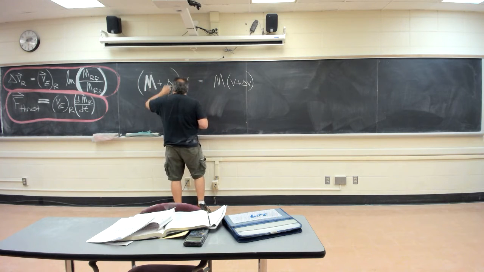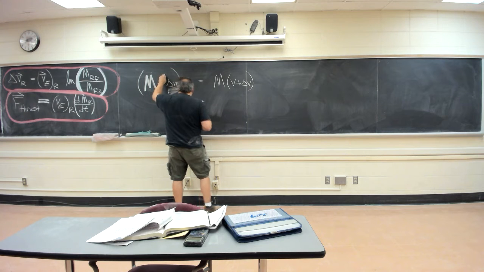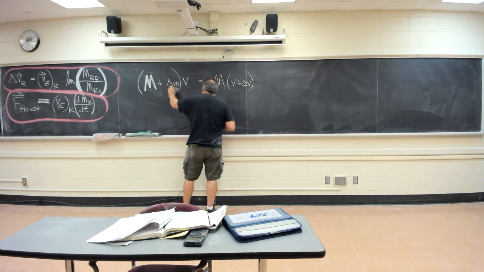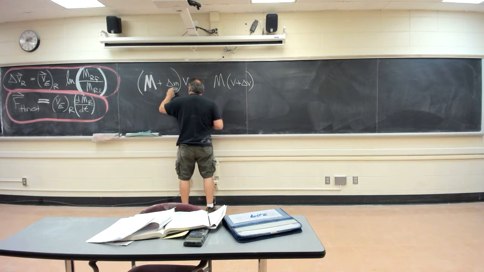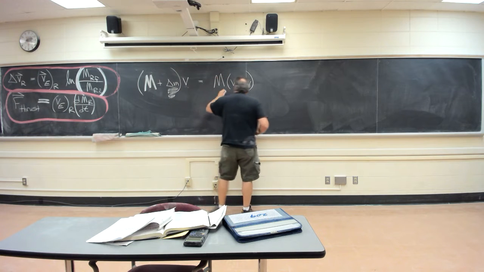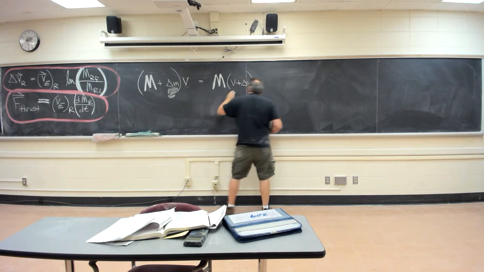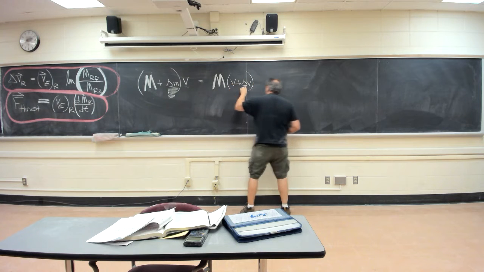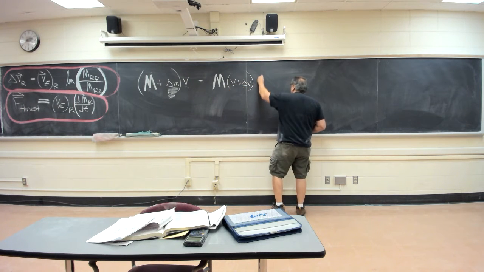Capital M plus delta M is the initial mass at some point. The rocket with all that mass is going V. When it expels delta M, there's only this much mass left, you guys. It expelled delta M, so it used to be going V, now it's going faster. Well, what happened to the delta M?